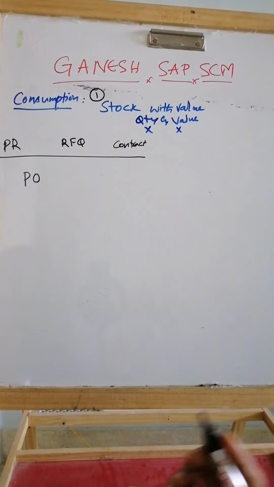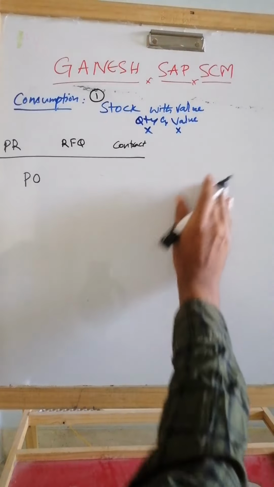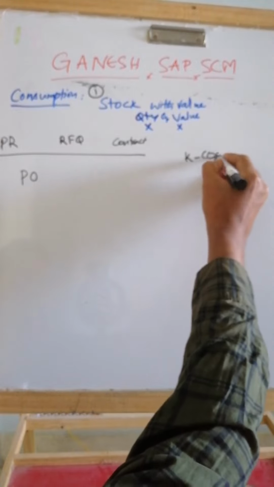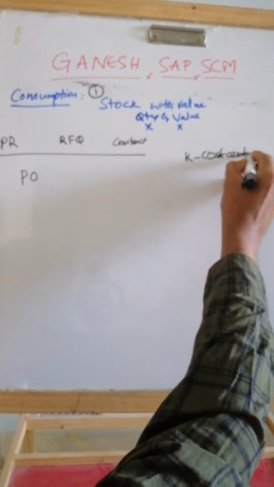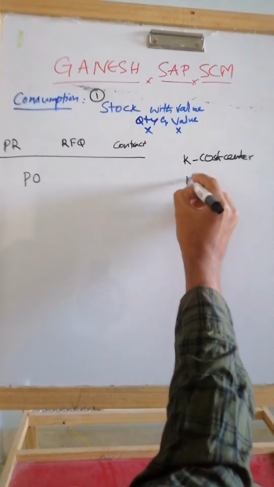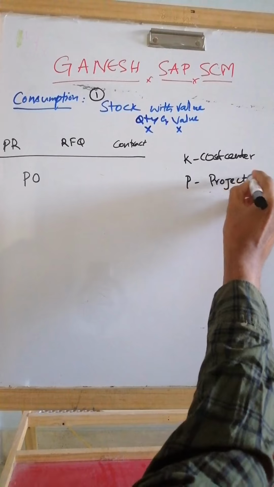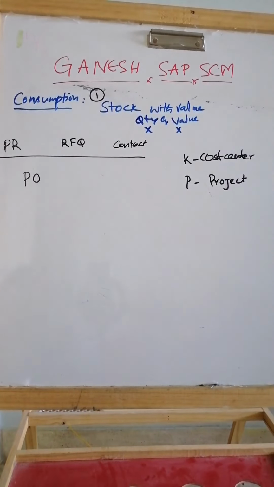The popular account assignment categories are K, cost center, and P, project. If you are using the WBS element in the project system module, the project can be used, and whatever procurement you are doing will directly be consumed based on the project.